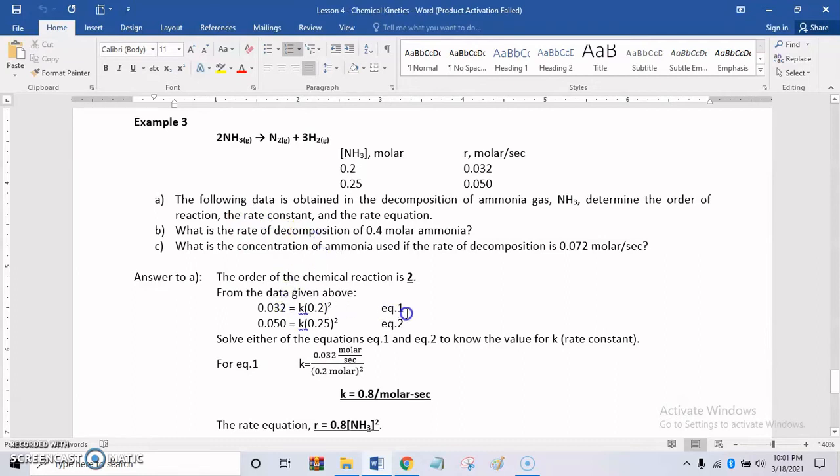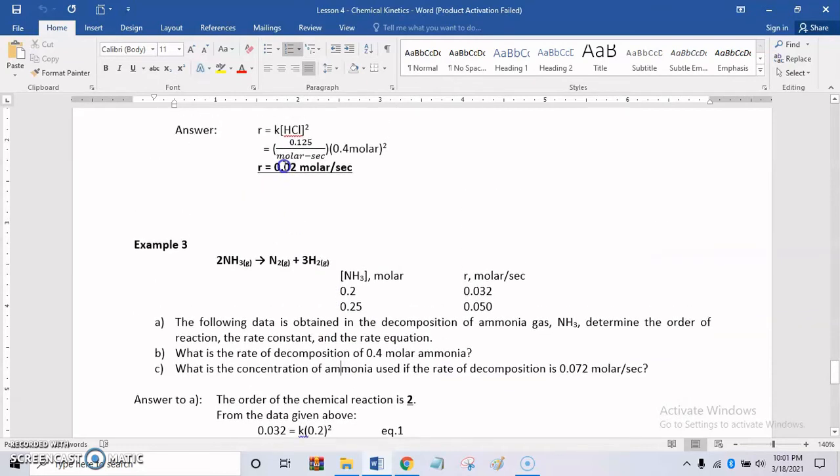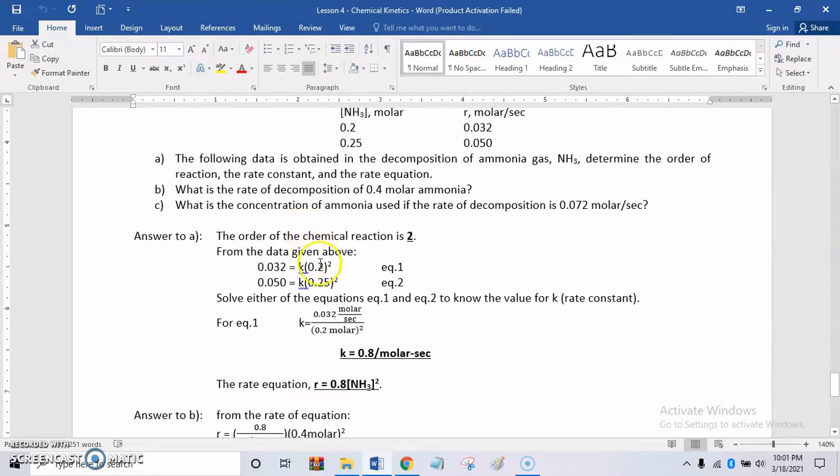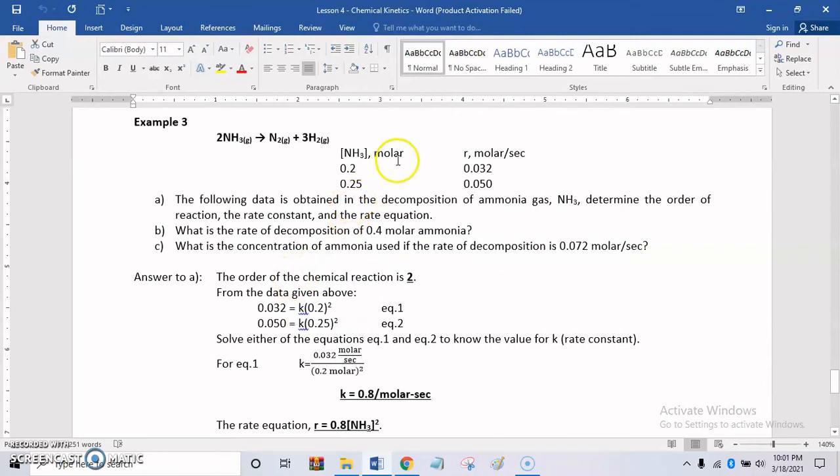By using the equation R equals K times the concentration of the reactant to the power of its order, or the mole, we can input each R. 0.032 equals K times the concentration of 0.2 to the power of 2.